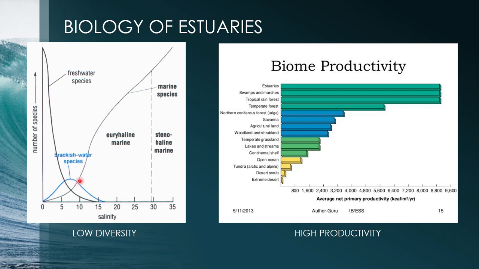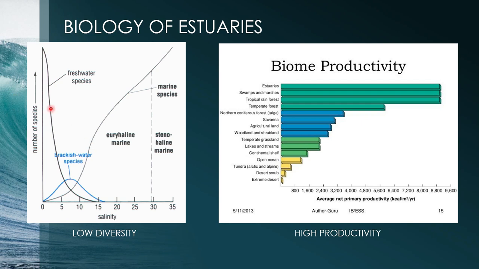Now these are marine species. They're very, very common where it's salty, but we have the same issue. As things start to get fresher, they're not evolved to osmoregulate when the water around them is fresh. When the water around them is fresh, it wants to get into their body, and they're not designed to handle that.